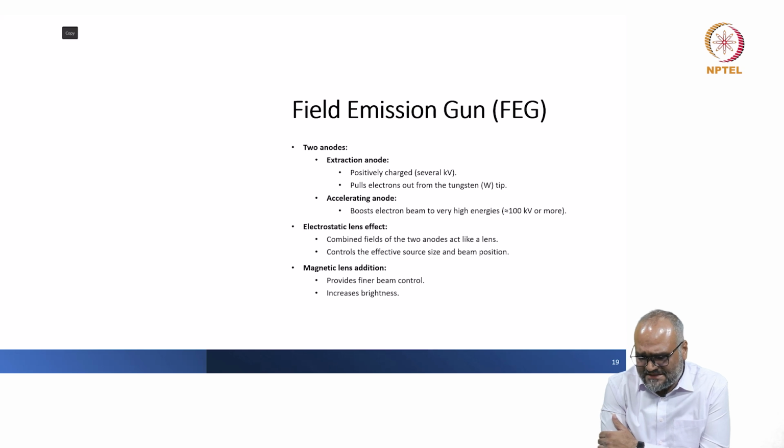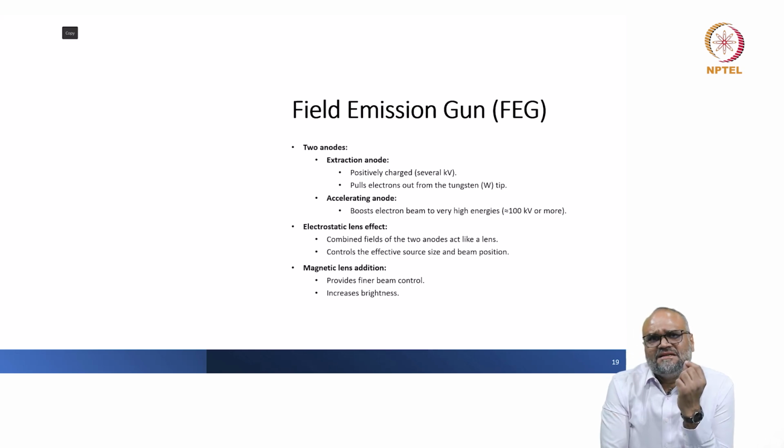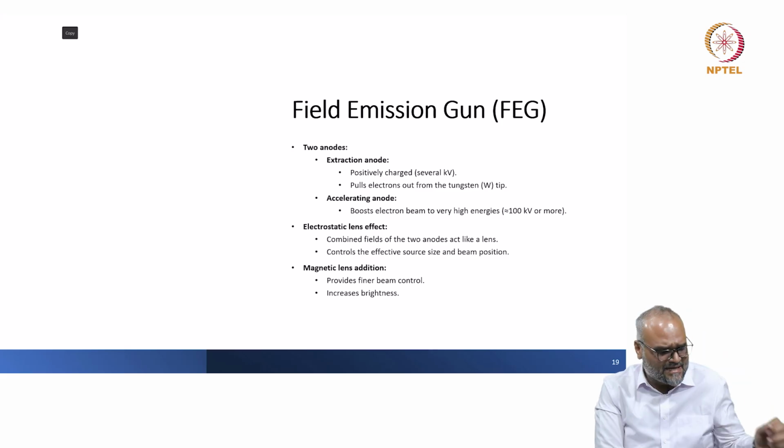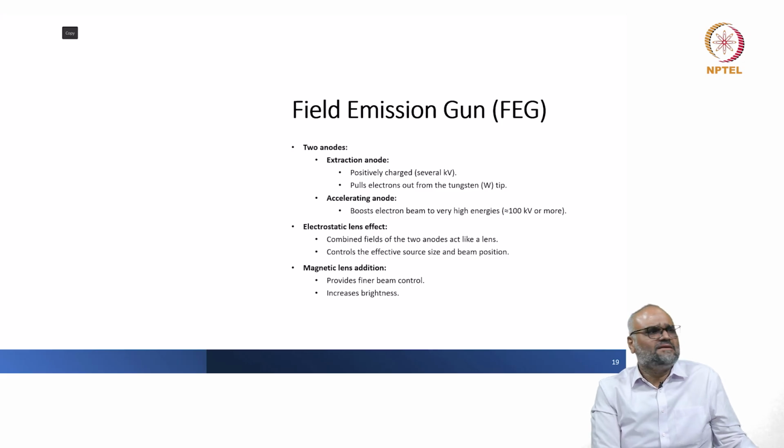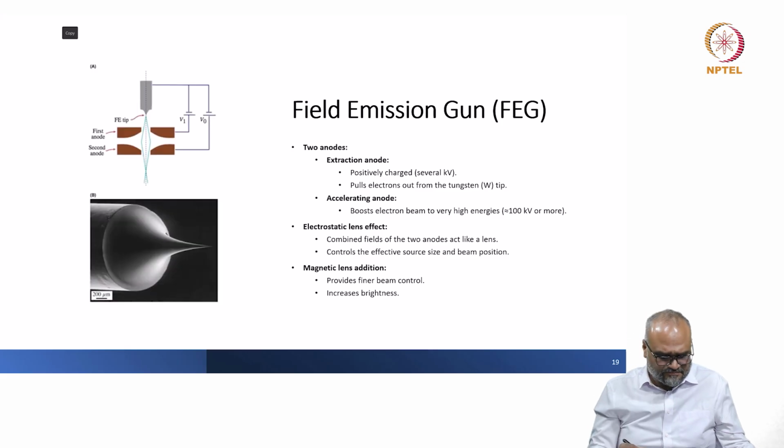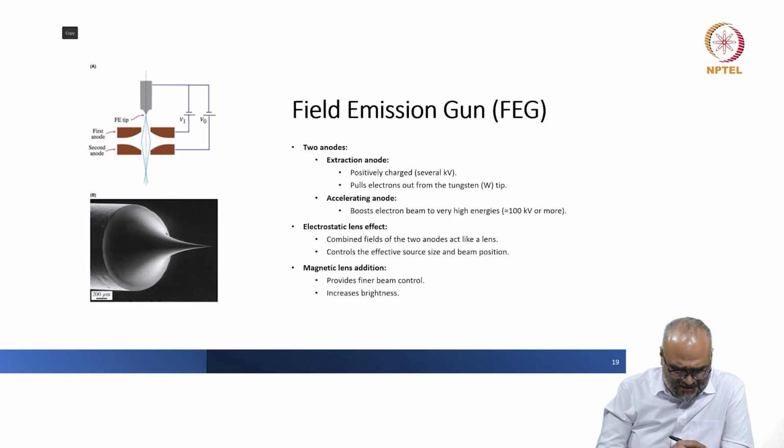What happens here is, your filament size is much finer than a lanthanum hexaboride crystal. If you remember, I was mentioning to you that it is visible to the naked eye. If I look at a scanning electron micrograph of how a filament tip in a field emission gun looks, this is an image taken from the famous textbook from Williams and Carter.